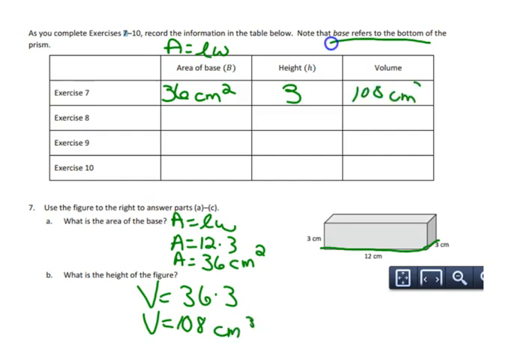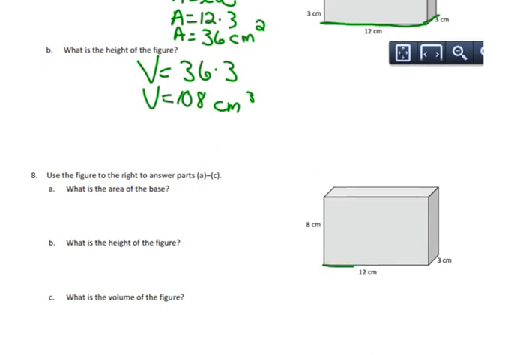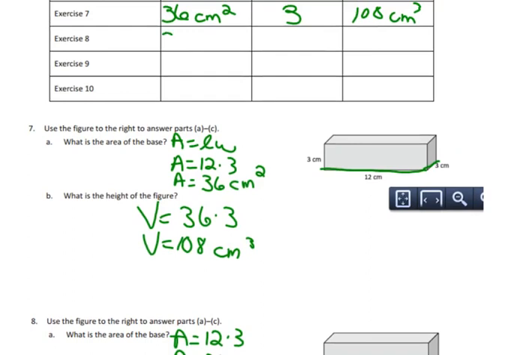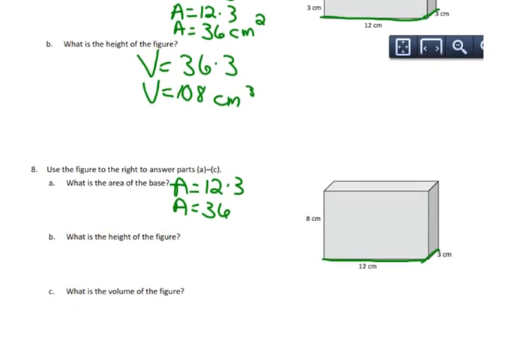So we're doing the work down here, but we're recording our answers in the chart. Number 8, area of the base. Again, the base is the bottom. So area is 12 times 3, which is 36. I'm going to record it up here. Look, we have the same base. Now let's see, what is the height of the figure?